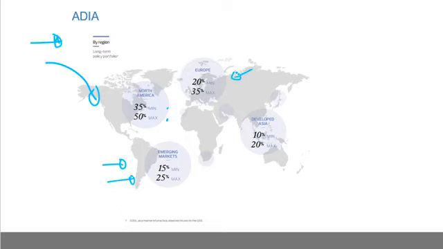Europe, a minimum of 20%, maximum of 35%. And developed Asia, a minimum of 10%, maximum of 20%. So we know the Abu Dhabi Investment Authority is making investments outside of the country, okay? So we've seen in the last two slides their asset allocation by asset class, and on this slide by geography.